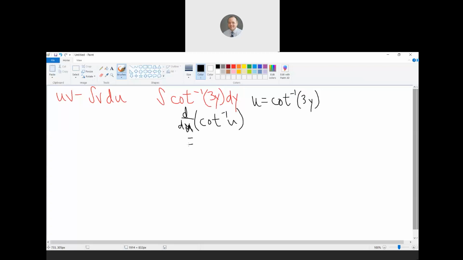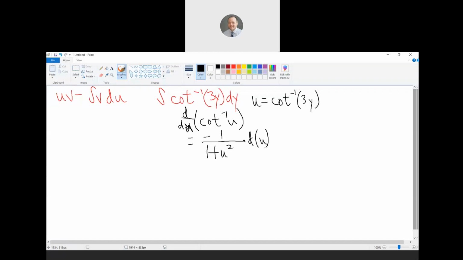The derivative of inverse cotangent of any function u is -1 over 1 plus u squared times the derivative of u.